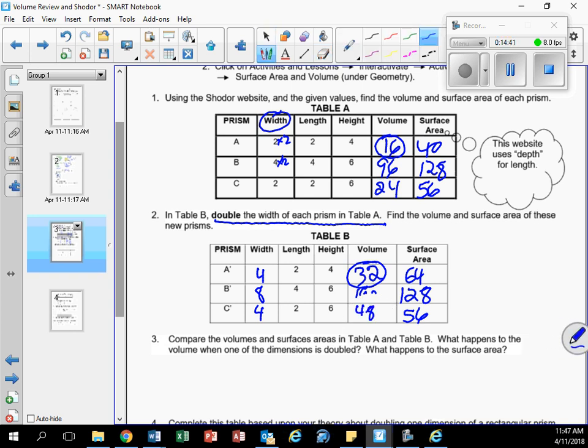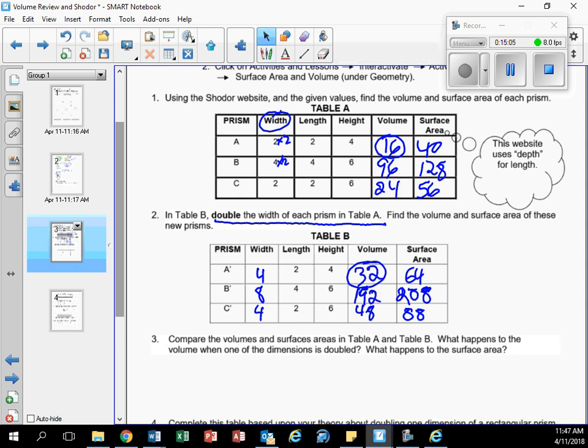If we go ahead and put the right number in, 48, and this is going to be 88. And it's going to be, table B was 208, and 192. All right, so let's answer the question.